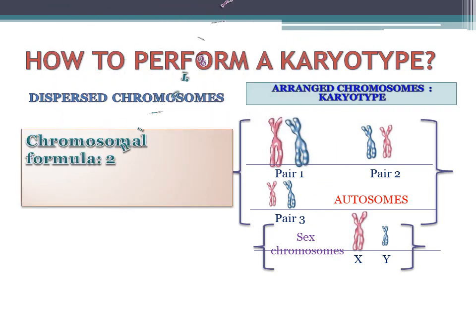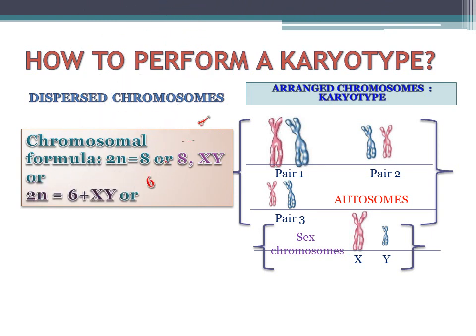To write the chromosomal formula for this karyotype, we can say 2n equals 8, which is the total number of chromosomes, and we use 2n since we have two sets of chromosomes, or we say 8, XY.